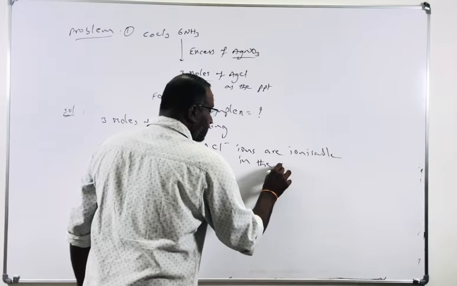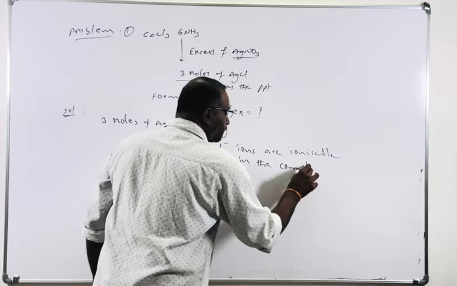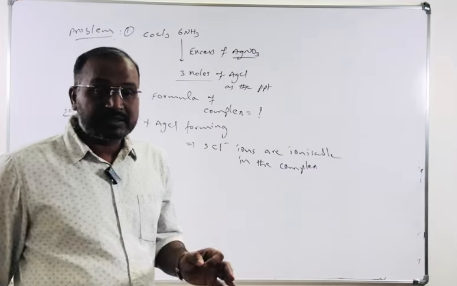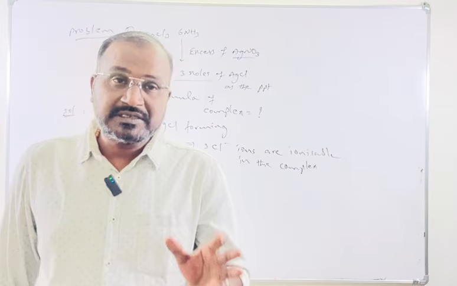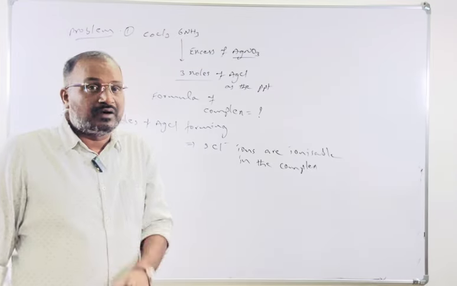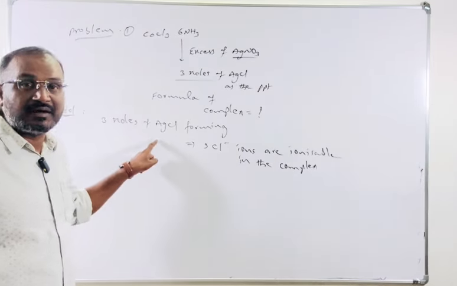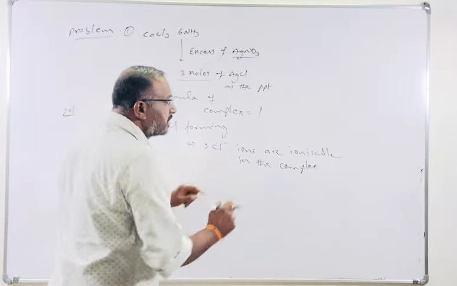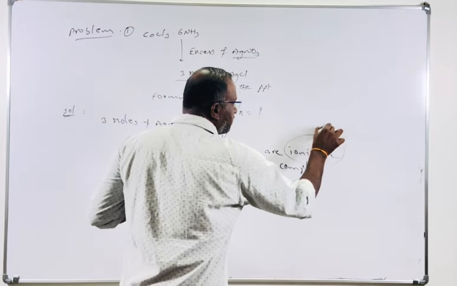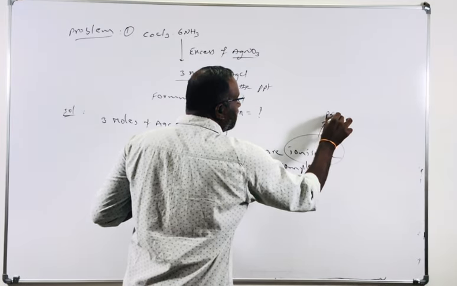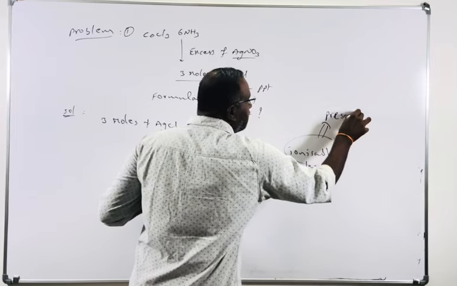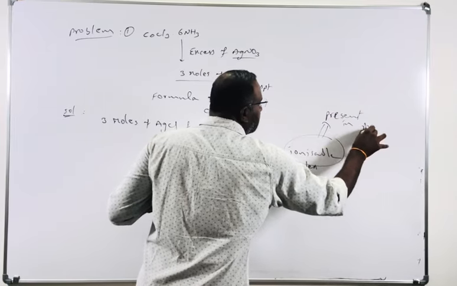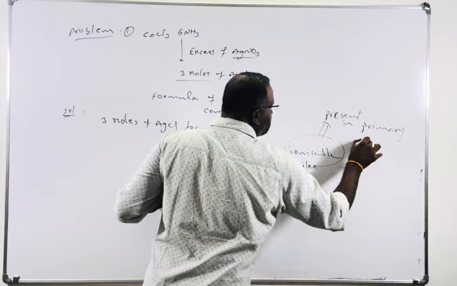If 3 chlorines are coming from the complex, then there is a chance of formation of 3 moles of AgCl. 3 chloride ions are ionizable means these are present in the primary valency.